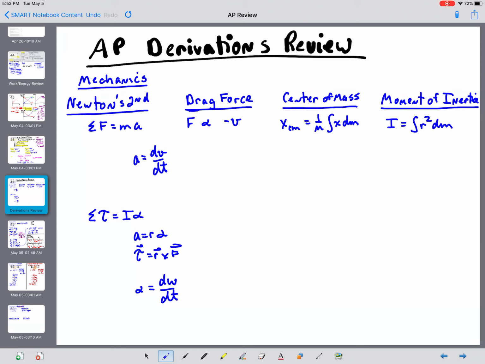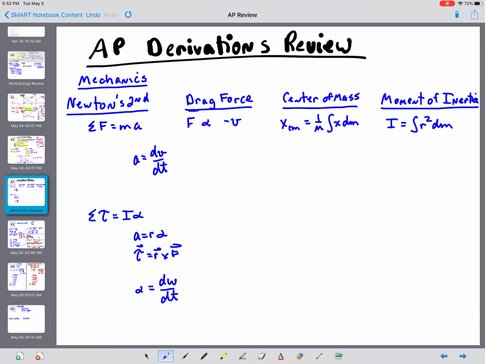Once you substitute those into the respective equations with whatever goes in on the other side for net force or net torque, you have a differential equation. Oftentimes AP will ask you to set up a differential equation in one part and then solve in another part. But that's one way you get to a differential equation.